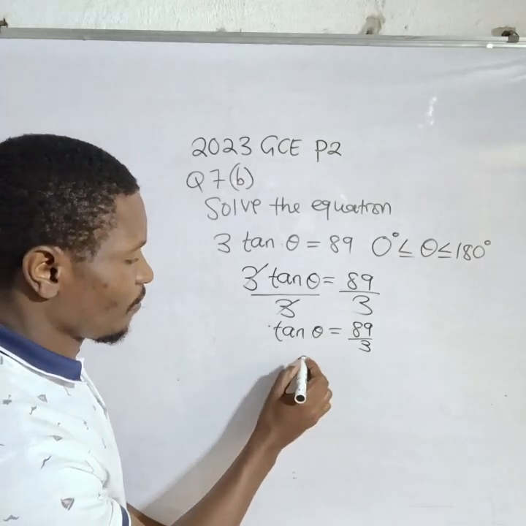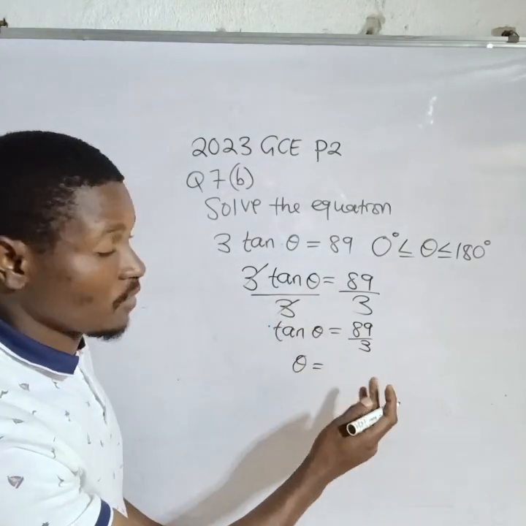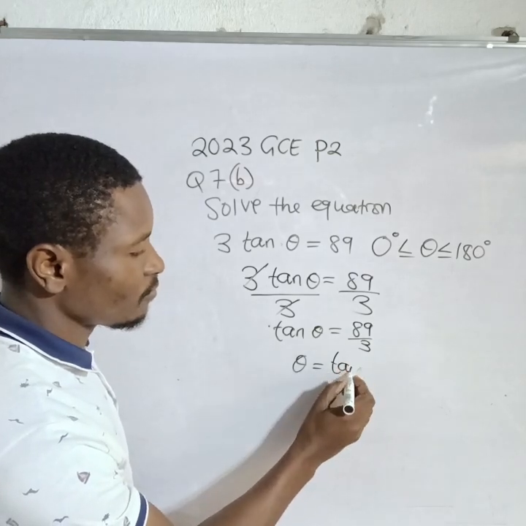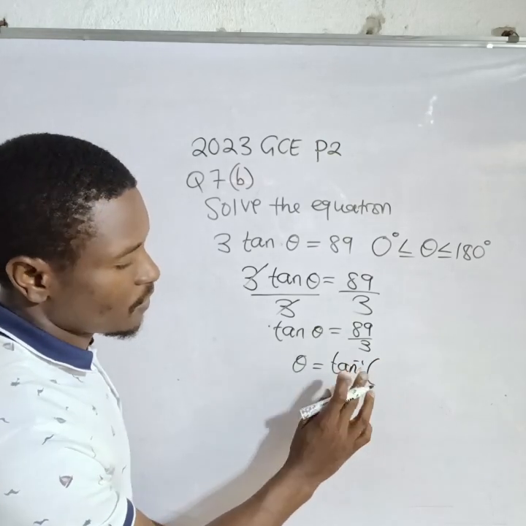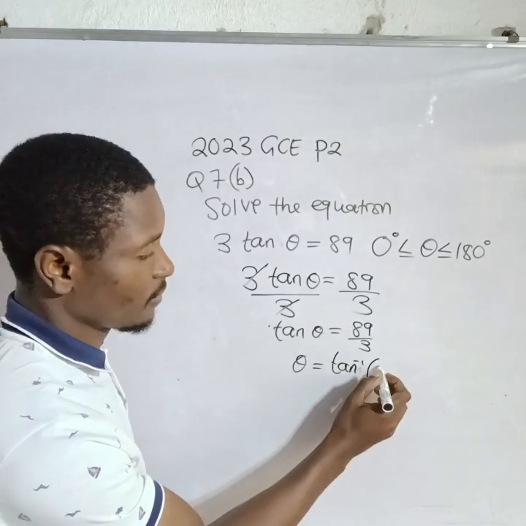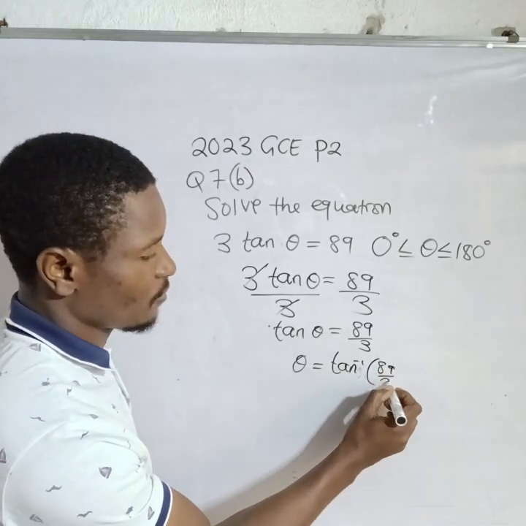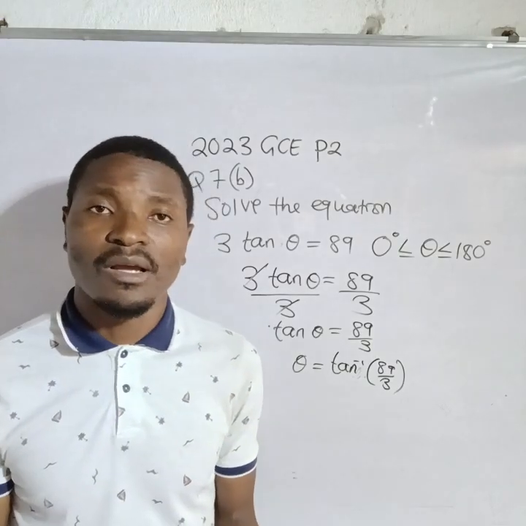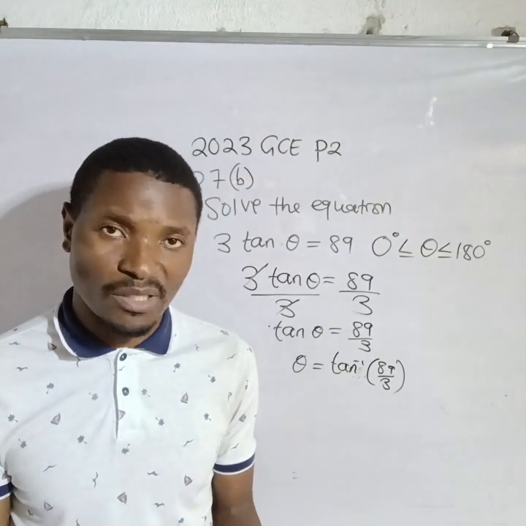So it's going to be theta equals, now you take it to the other side, so you always put the power -1. So this is going to be tan inverse of 89 over 3. Now, once you do this, this is paper 2, you have to punch on your calculator.